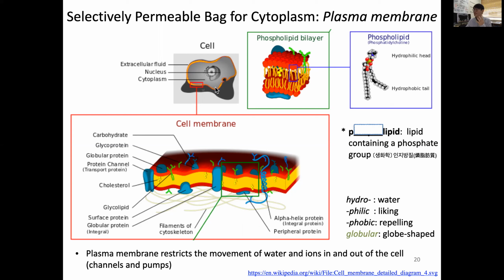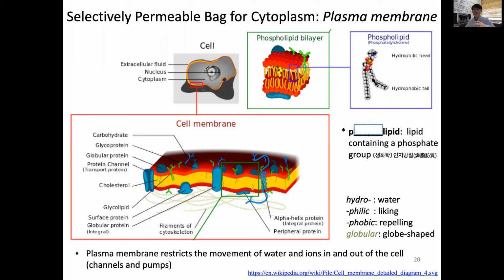And this is a bag of the cell, composed of a lipid bilayer, or phospholipid bilayer. From the biochemical aspect, this phospholipid is composed of a hydrophilic head, which of course loves water, and there are also hydrophobic tails.